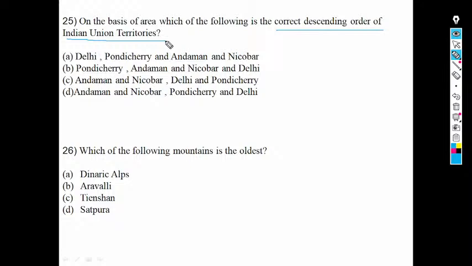Descending order, area-wise: option C is the correct answer, Andaman Nicobar, then Delhi, then Pondicherry. We'll discuss.